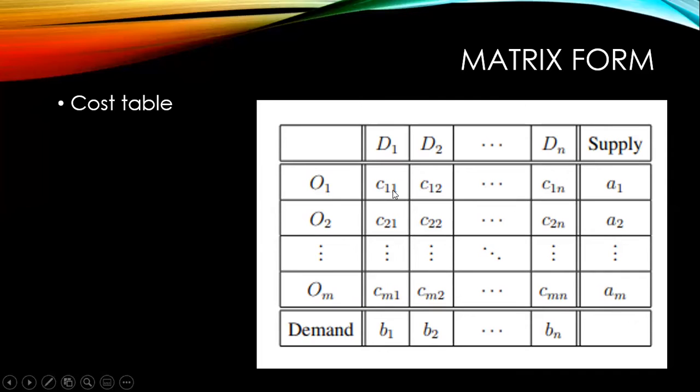This is the unit cost. And the supply of the first source is A1 in total.